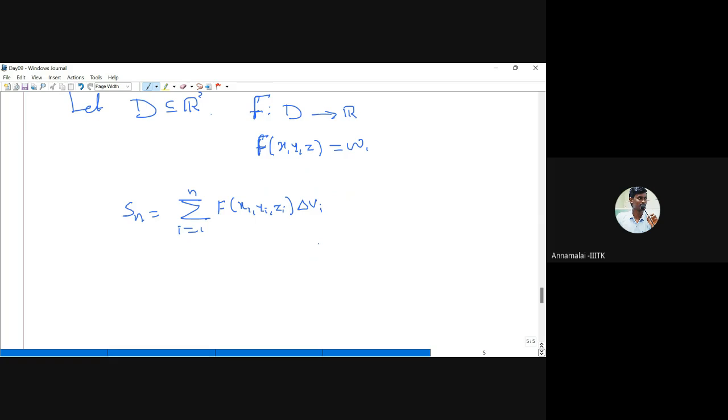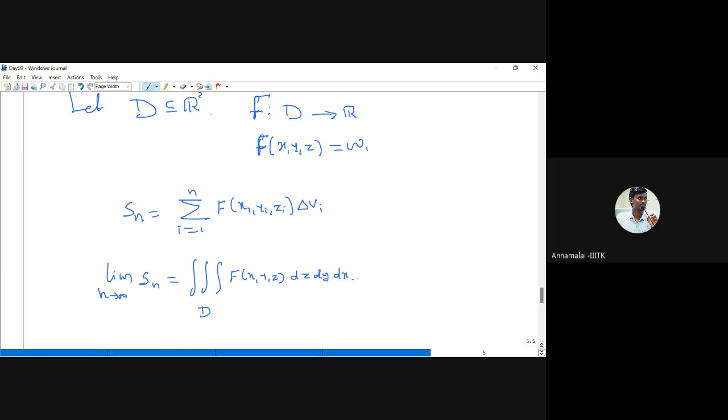And then if you increase the number of points in x, y and z, we cover more volume. So if you take the limit as n goes to infinity of Sn, that is a triple integral. If you take more points, it is nothing but what we define as the triple integral over the region D of f of x, y, z, dz, dy, dx.